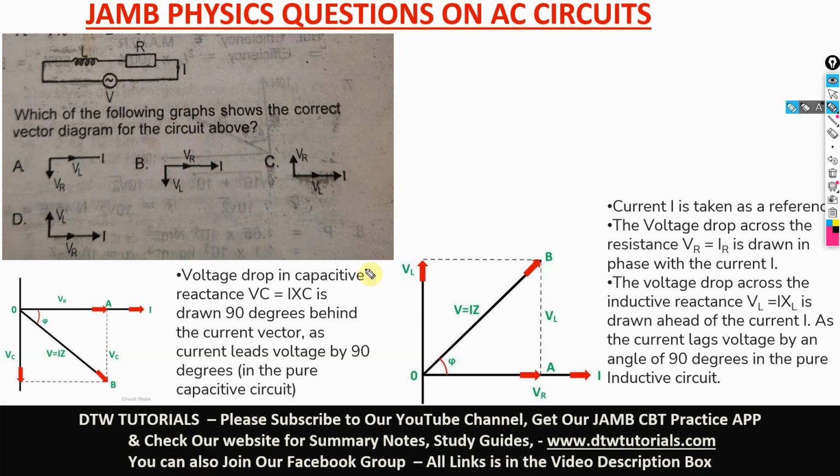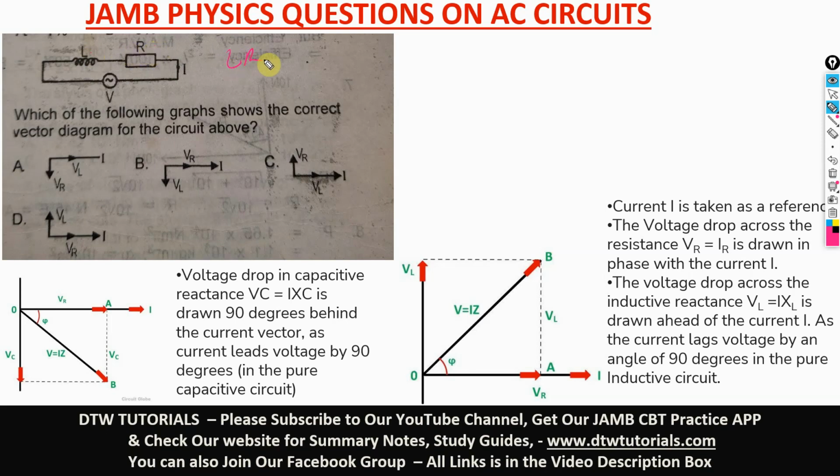Let us see. Okay, now, it says: which of the following graphs shows the correct vector diagram for the circuit above? I had to put this question so you understand what the vector diagram is. So which of the following graphs shows the vector diagram for this? And this circuit is what? This is an inductor and a resistor.